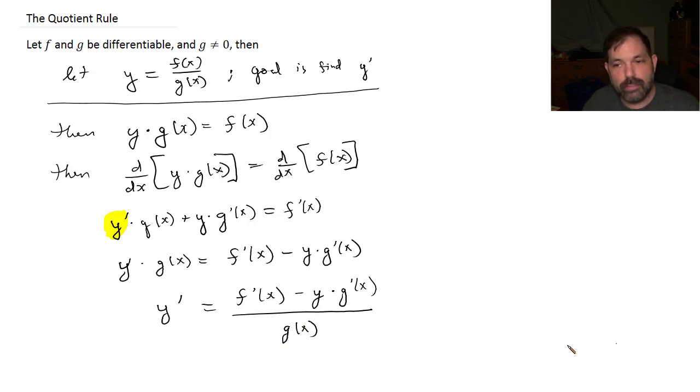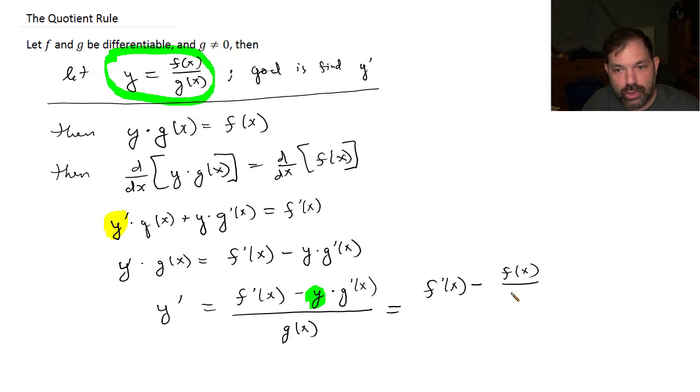Now this is okay, but I've got one more trick that I can use. If you recall, I defined y as f of x over g of x. So I can replace the y with that same expression. So then this is equal to f prime of x minus f of x over g of x times g prime of x, all divided by g of x.